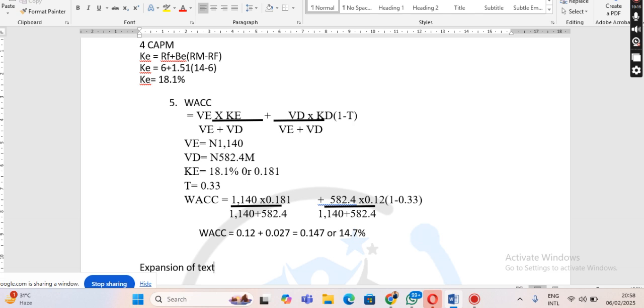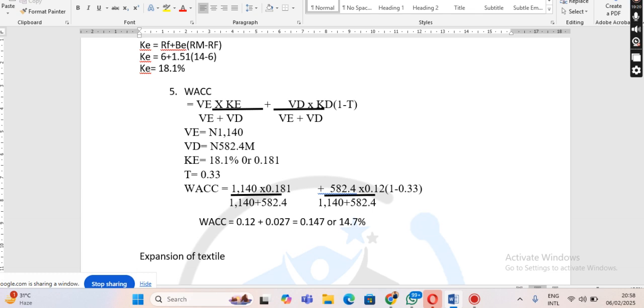The first thing you need to do is determine the cost of equity, because you need to determine the weighted average cost of capital based on the expansion, so that you can compare with the 15% to see if it is appropriate or not. It is the textile industry, which is what TL operates. So first determine the cost of equity, using the normal formula for this.